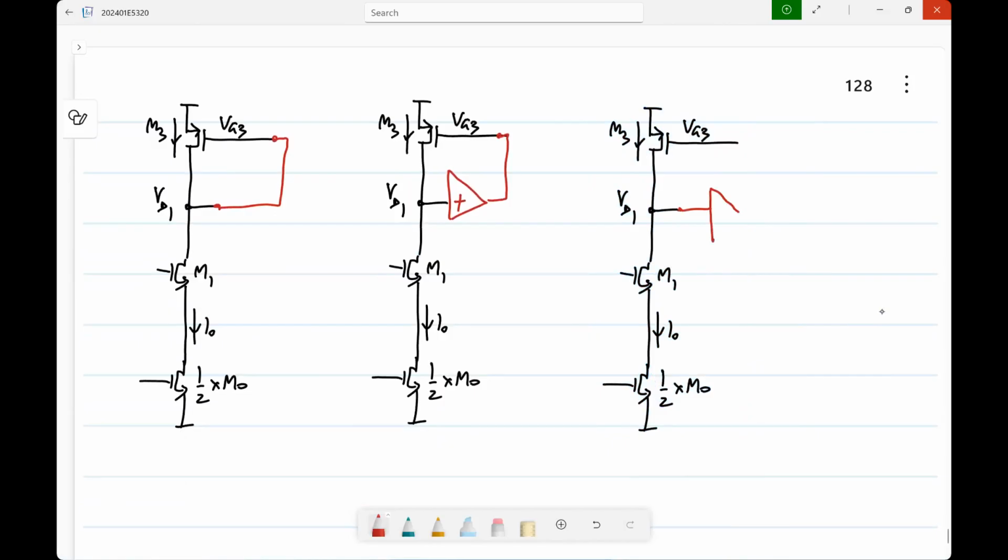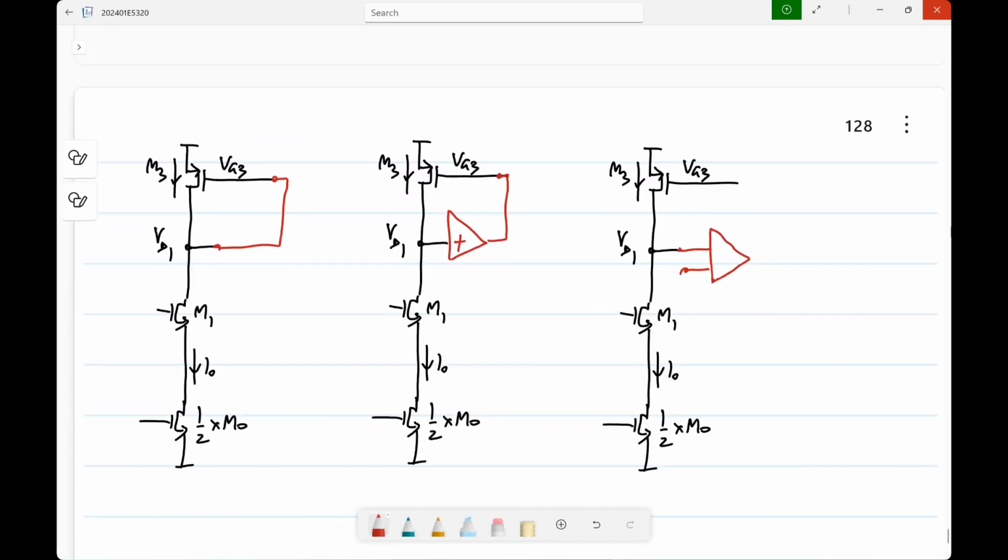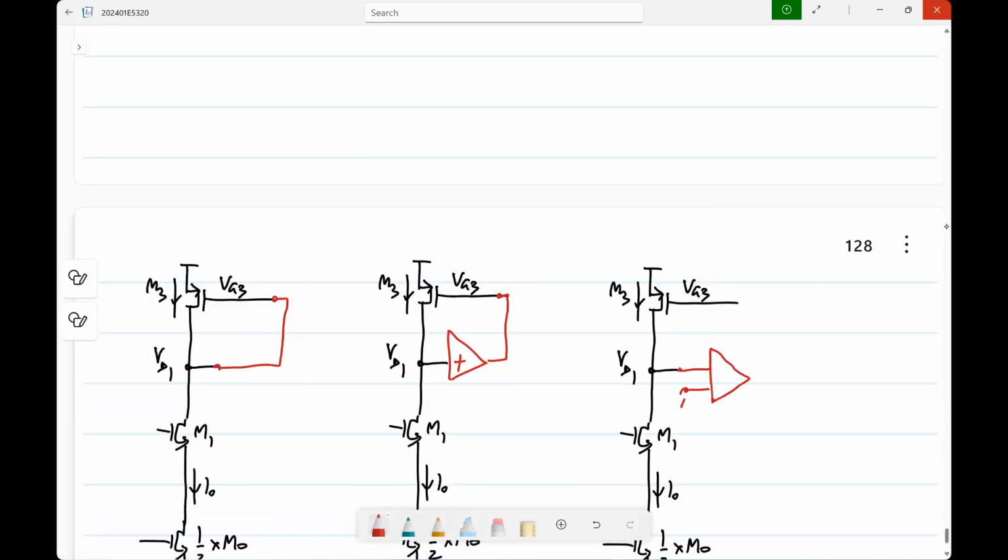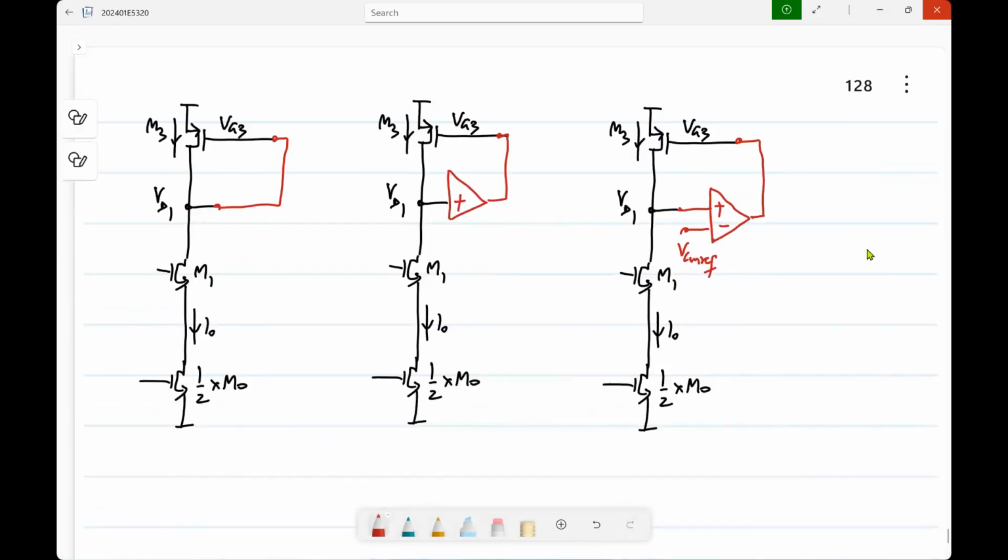You compare it to whatever reference voltage you want, let me call it VCM ref, and then complete the loop, and from the polarity of the feedback, you know it should be like that. Any of these circuits will work, and we will use all of them. Depending on the context, some are more suitable than the others.